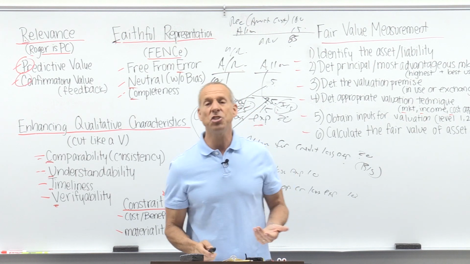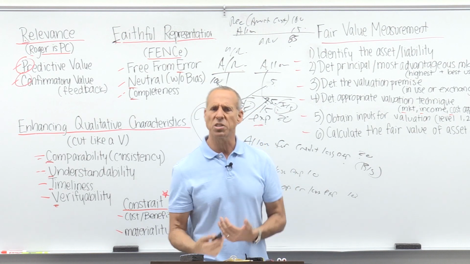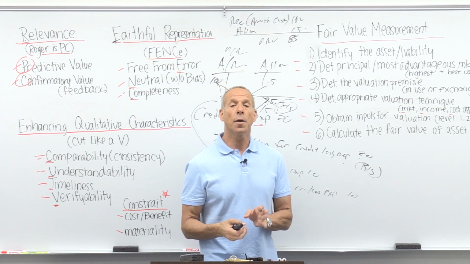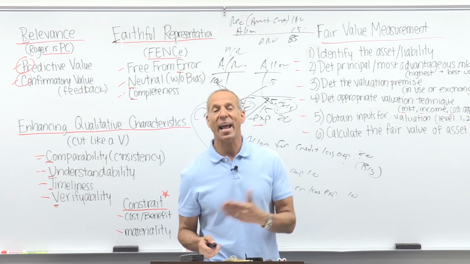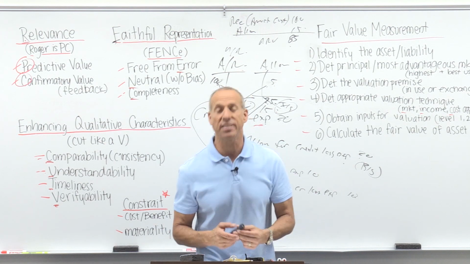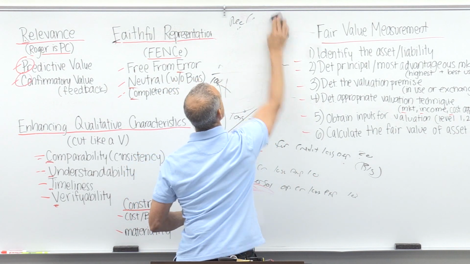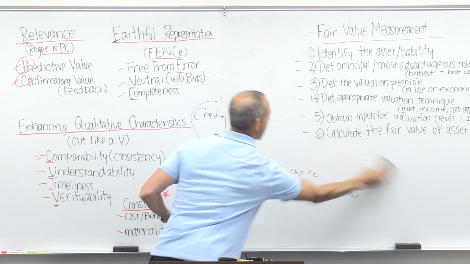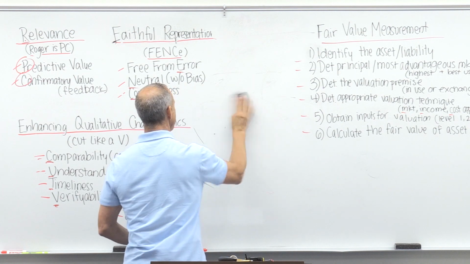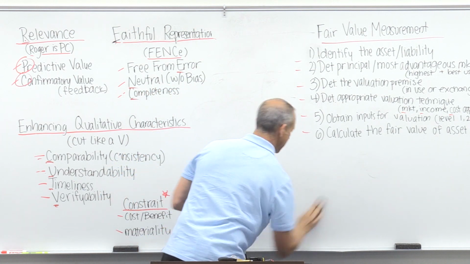Then we have an aging method, which is kind of like what we've used for receivables for years. That's where the impairment is calculated based on how long a receivable has been outstanding. So we might say, okay, we have these receivables, let's see how long they've been outstanding, because that might help us to determine the likelihood of collecting it.